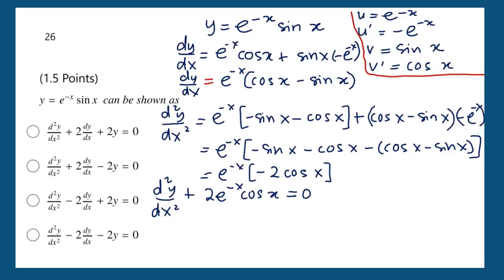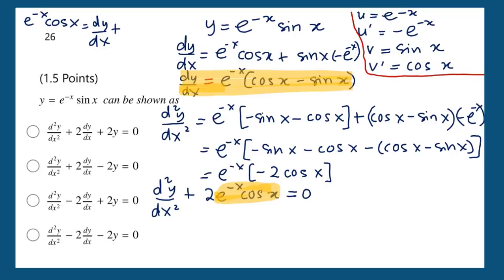We want to substitute this function: e to the power of negative x cos x will be equal to dy/dx plus e to the power of negative x sine x. So we're going to substitute this.